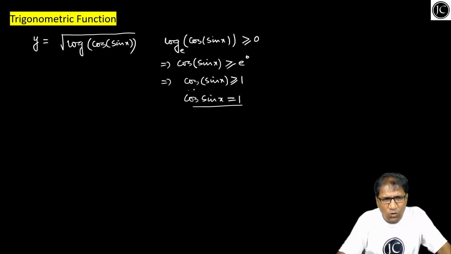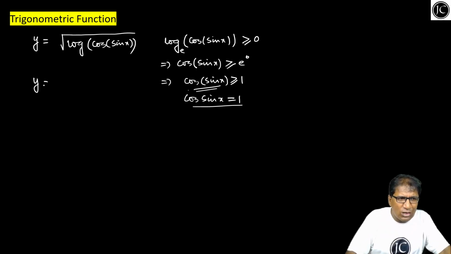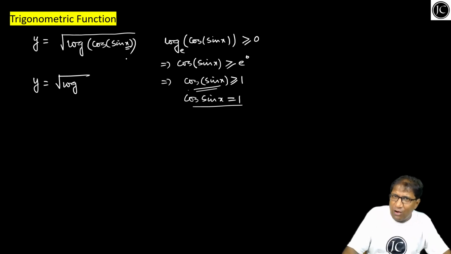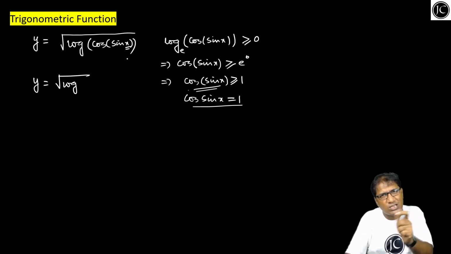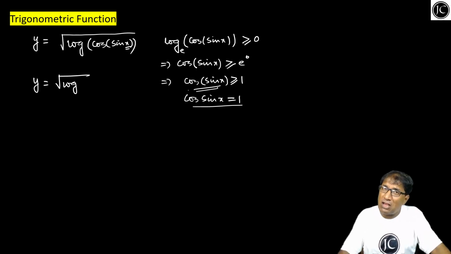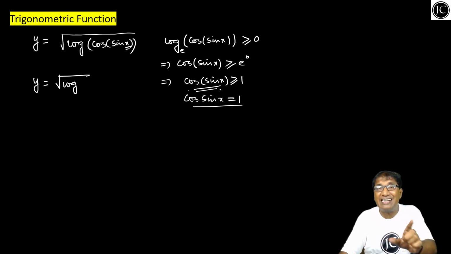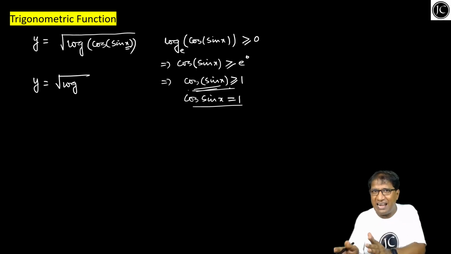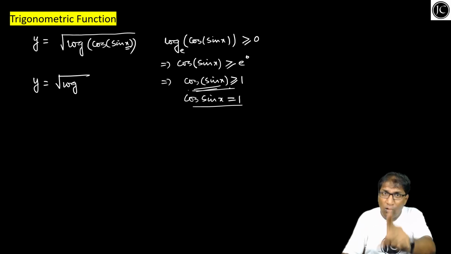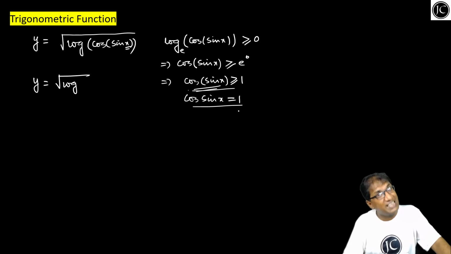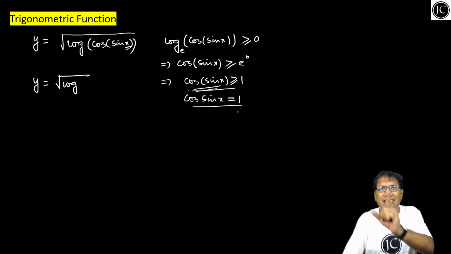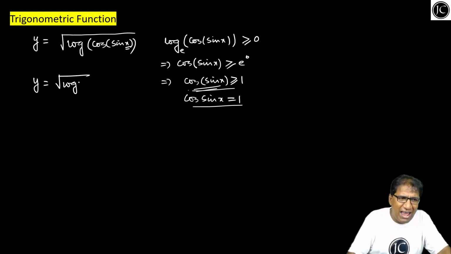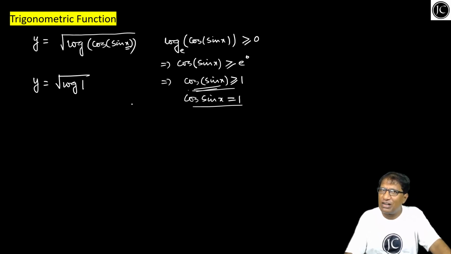So whatever the value of x, sin x lies from -1 to 1, and cos of sin x is required to be at least 1 according to our definition, but that cannot happen. The only possibility is that cos of sin x equals 1, and that will hold. So y will take the value root over log 1, and log 1 is 0.